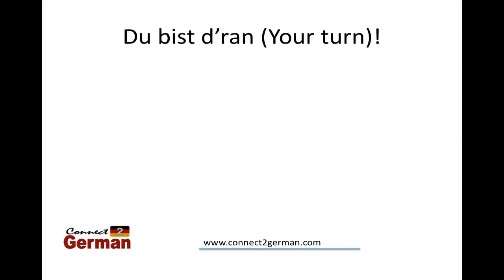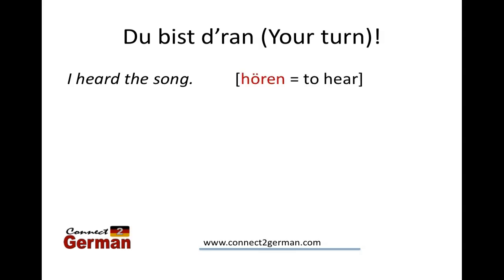Now it is your turn. Du bist dran. We want to try to say, I heard the song. Obviously, it's in the past tense. And if we recap on how we actually form the past tense, number one, we have to know the infinitive, the dictionary form of our verb. In this case, to hear. It's hören.